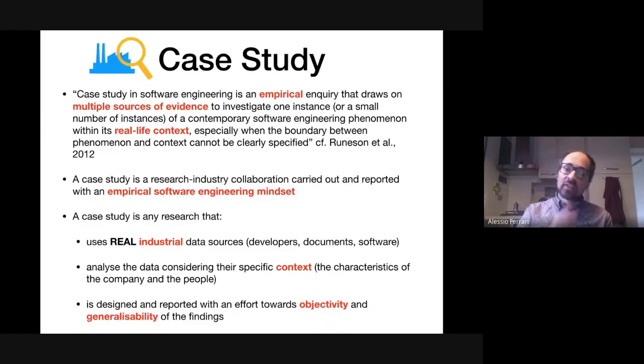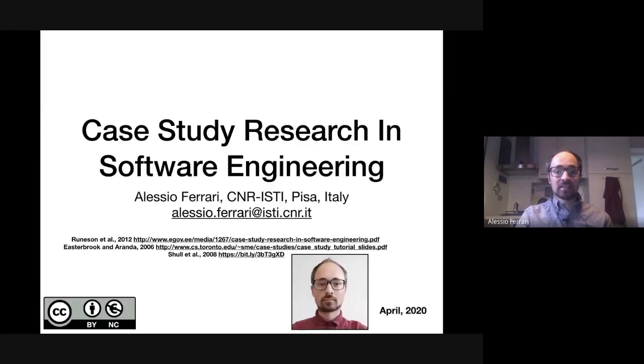So let's see first what we mean by case study, because it is a term that is often misused in practice. So let's start with some definitions from the book by Runeson and others that is linked here. There is also a link to case study research in software engineering, the slides from Easterbrook and Aranda, and a link to the paper of Shull et al.